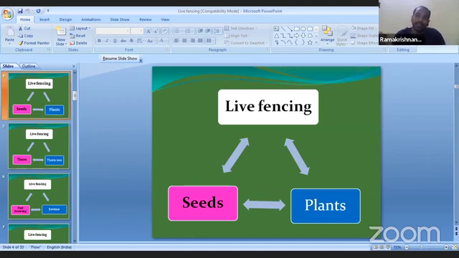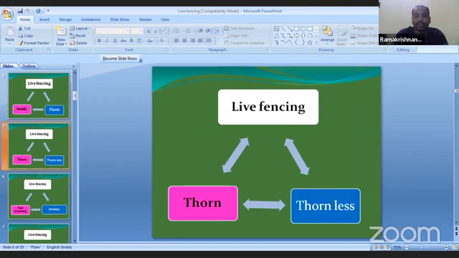Once cut, it can be moved from one place to another. We cut and plant it for live fencing. Or otherwise, we go for seeds. It is best. These two options are there.